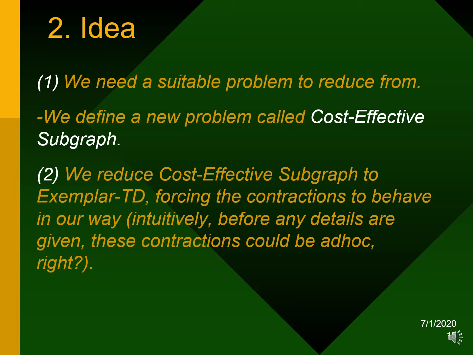Before any detail is given, you can see that in general the contractions could be pretty ad hoc, right? I select a segment and duplicate it. For the next one, the next substring could overlap with the one that has just been duplicated. So this is basically the generic idea.